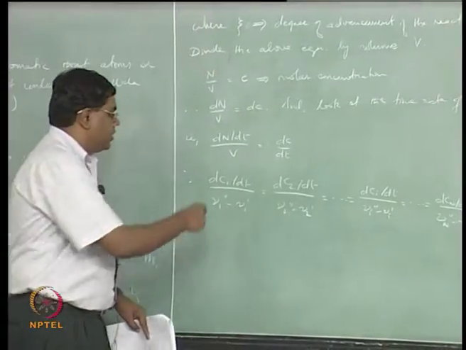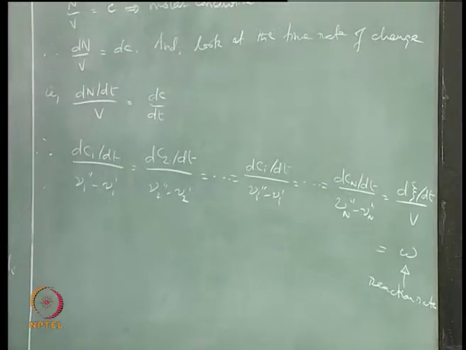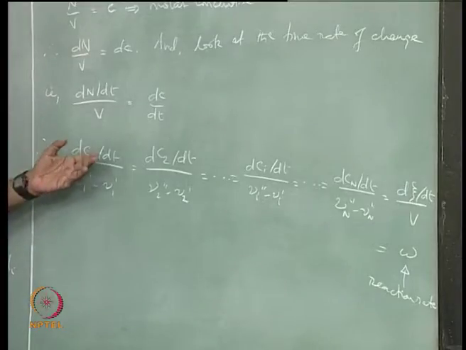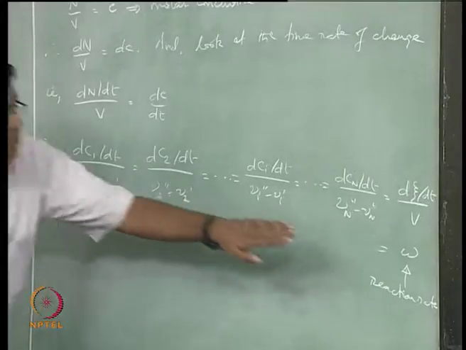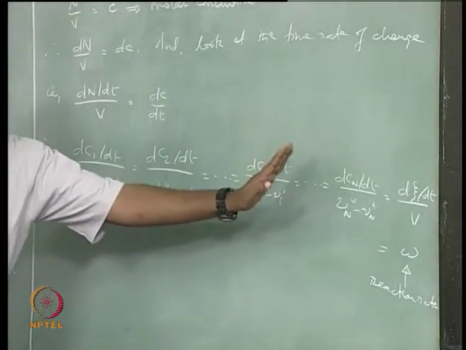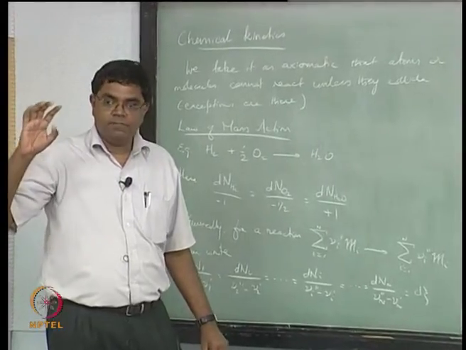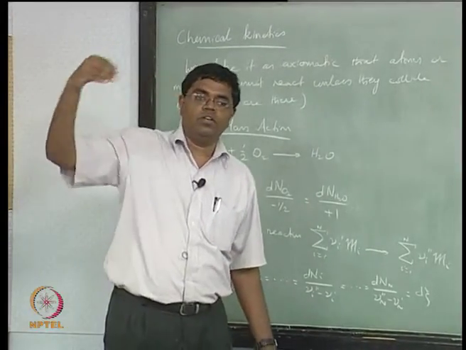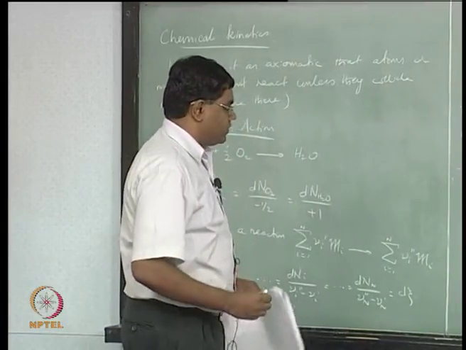That is given by dC1 by dt, dC2 by dt, etc. And therefore dC1 by dt will be nu1 double prime minus nu1 single prime times omega, and so on for each of those species, right. So you have a common quantity, the reaction rate, from which you will now get the rate of production or depletion of the individual species. That's how we try to go about doing this.